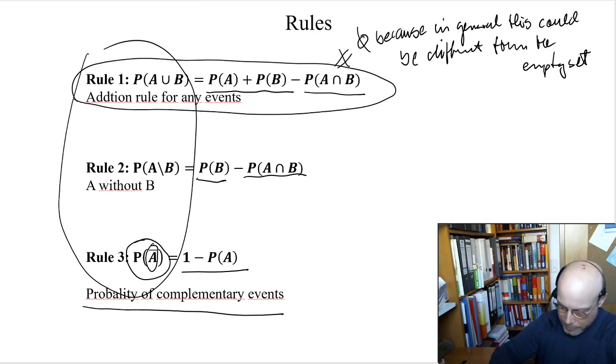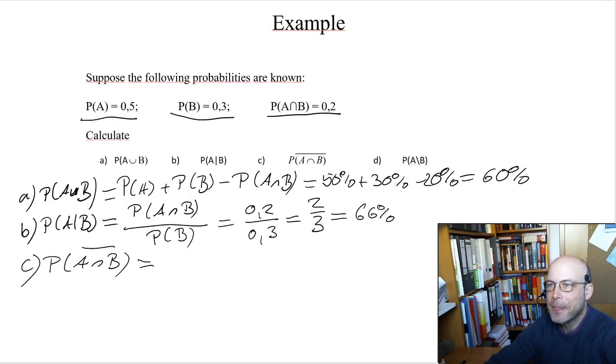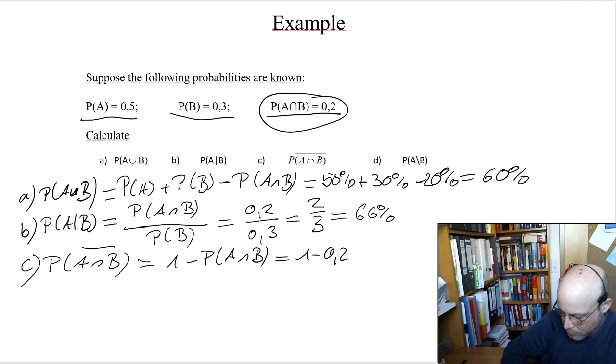Again, here we can just take rule 3 and the complementary event. The probability is 1 minus the event itself. We have a maybe complicated event, but we are given the probability of this event. So this is just 1 minus P of A and B, and then we get 1 minus 0.2, and this is 80%.